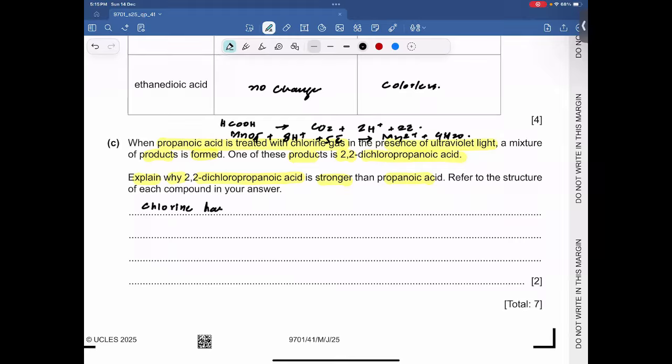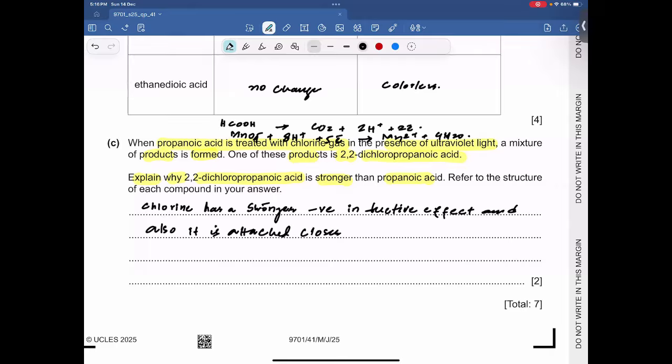Chlorine has a stronger negative inductive effect and also it is attached closer to the functional group.